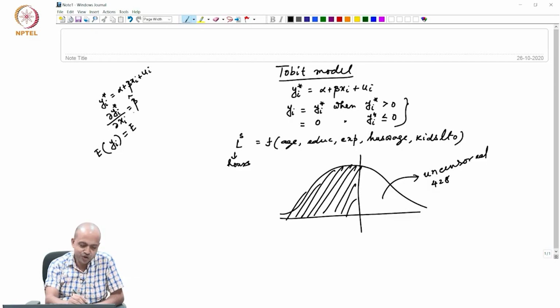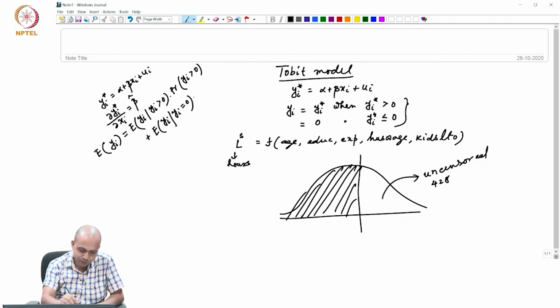There are two expectations: the expectation of yi when yi is greater than 0, multiplied with the probability that yi is greater than 0, plus the expectation of yi given yi equals 0, multiplied by the probability that yi equals 0.